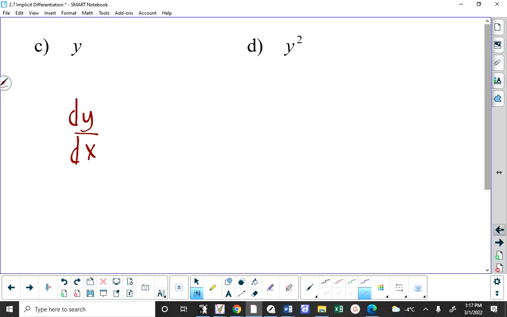Anybody want to stick their neck out on this one? Zebby? Say that again? Almost. What Zebby said, and I want to make sure I heard you right, is 2 dy dx, correct? Now, it turns out not quite. You guys know me, and we're all comfortable with each other, so you shouldn't have any problem with me saying that's not right.